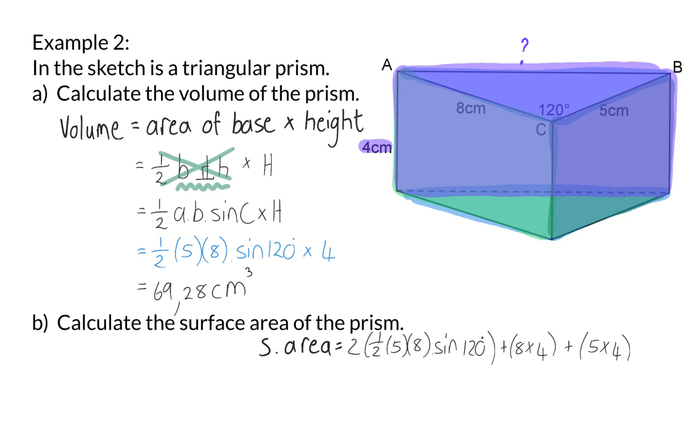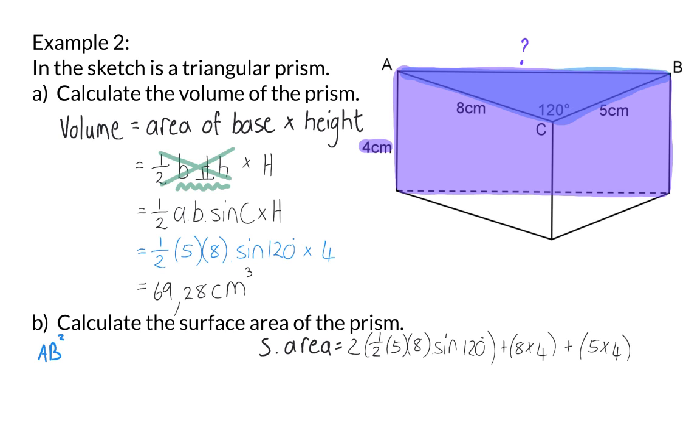For this, we are going to use the cos rule. So if we focus on triangle ABC again, side AB squared will be equal to 8 squared plus 5 squared minus 2 times 8 times 5 times cos of 120 degrees.